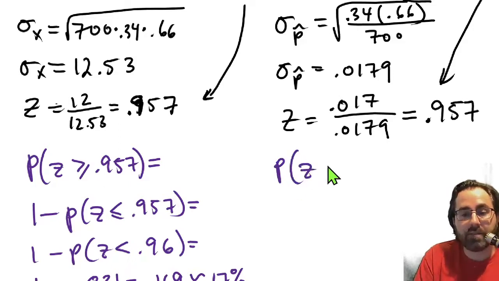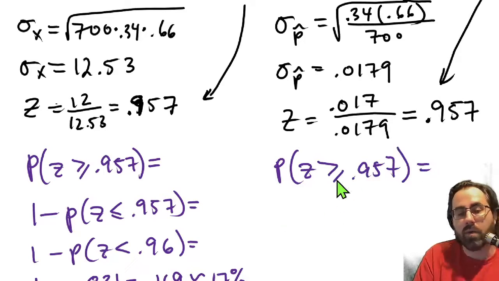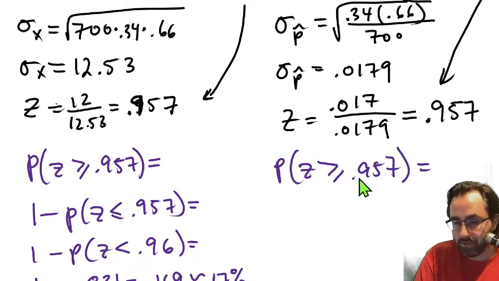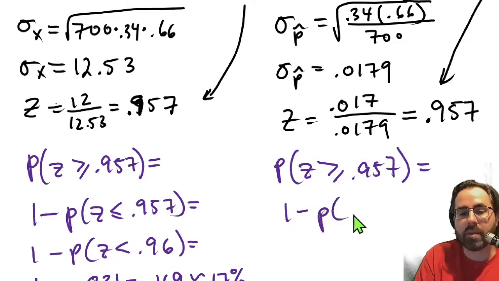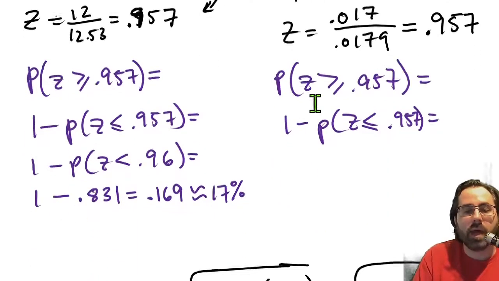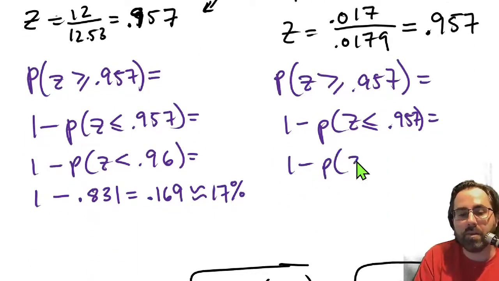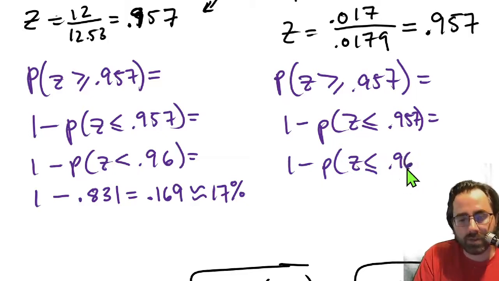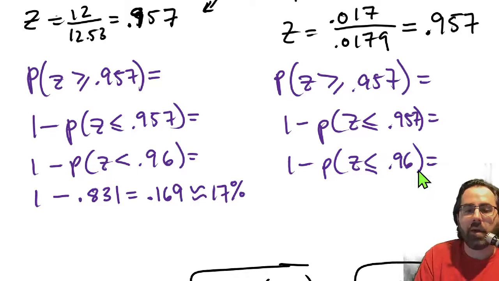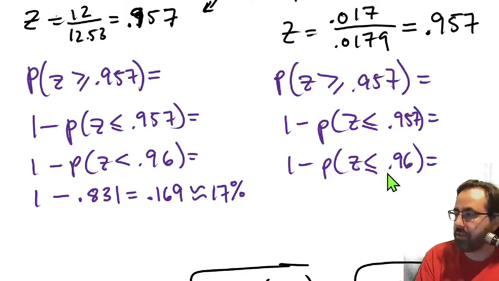The probability of z being greater than 0.957 means we convert that to 1 minus the probability of z being less than or equal to 0.957. And we round that to hundredths because our normal table likes z values with hundredths. And what's the probability of z being less than or equal to 0.96?